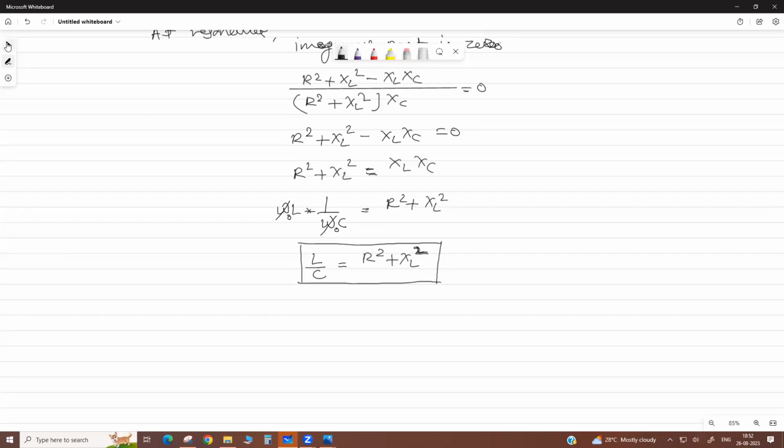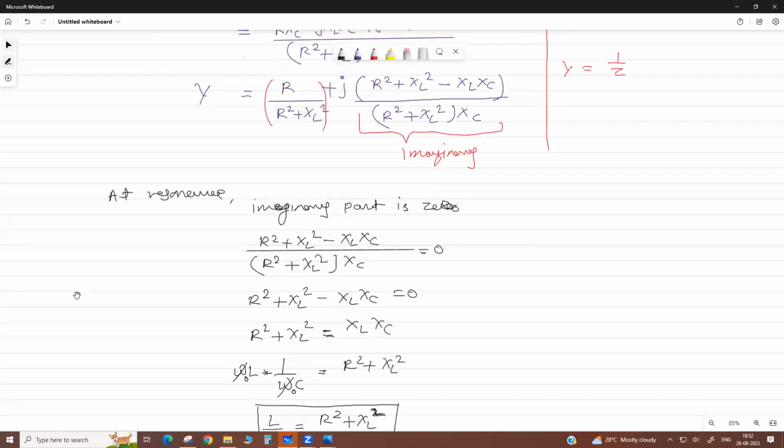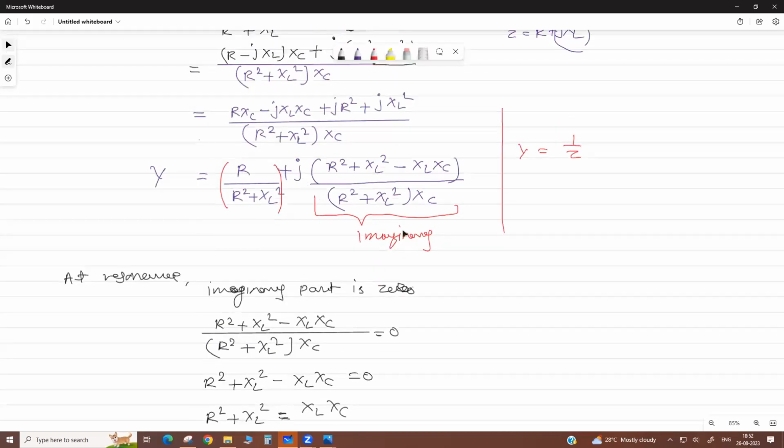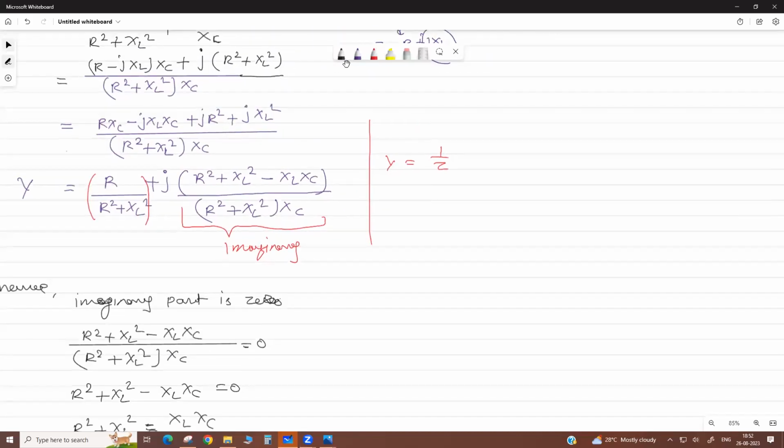Okay. Now we come to the dynamic impedance. This is your total admittance. Then what is the impedance? Therefore, the total impedance of the circuit under resonance, Z equals 1 by Y. It means we take the inverse of this.